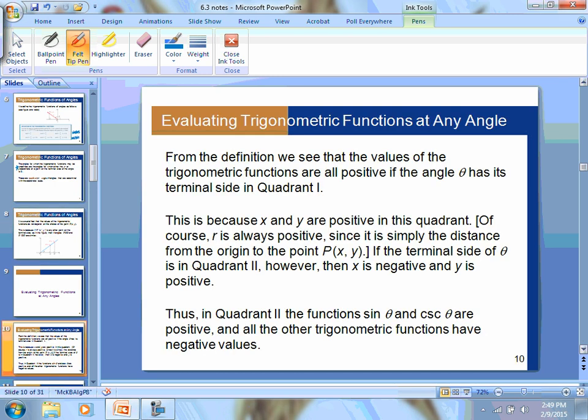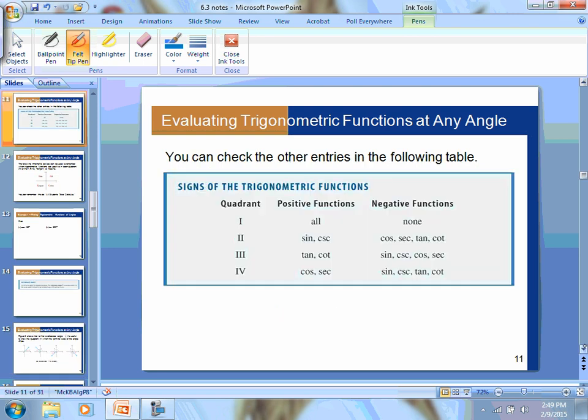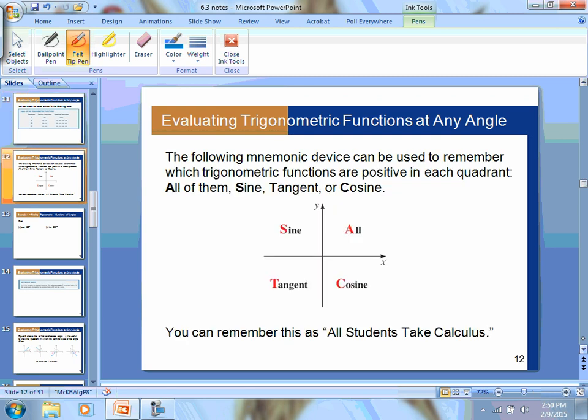Now, as we're going through our quadrants, we've already talked about this information and this information. You've seen this chart before in the previous chapter. And remember, what it all comes down to is what I've been telling you about where each trig function and its inverse are positive or negative. Okay? All of the trig functions and the inverses are going to be positive in the first quadrant.